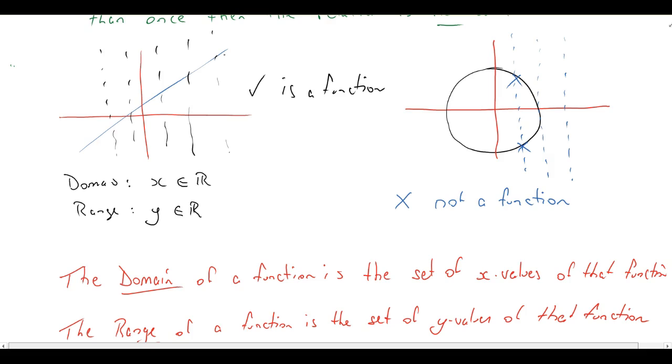There are no restrictions on the domain and range. For this circle, let's say it goes from -3 to 3 here, it's not a function, but our domain would be written as from -3 to 3. So that's the set of x values. The set of y values would be identical for the range.